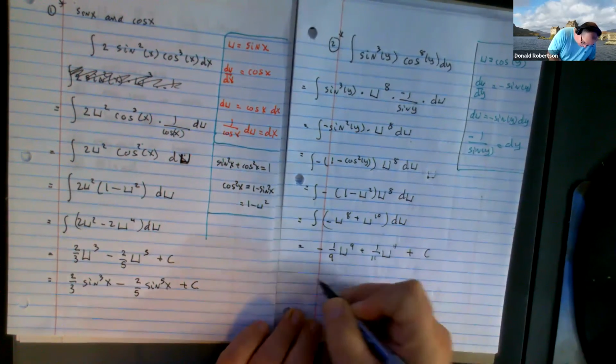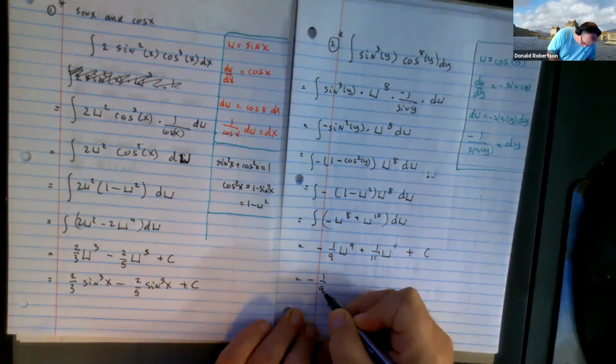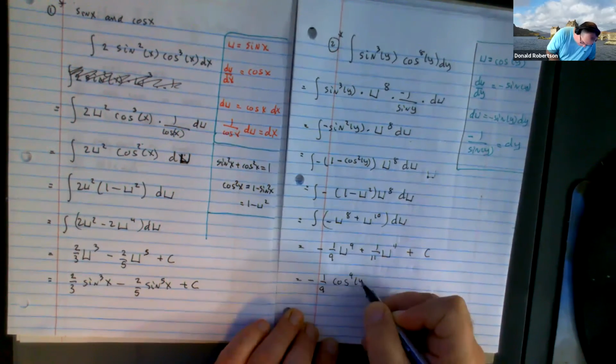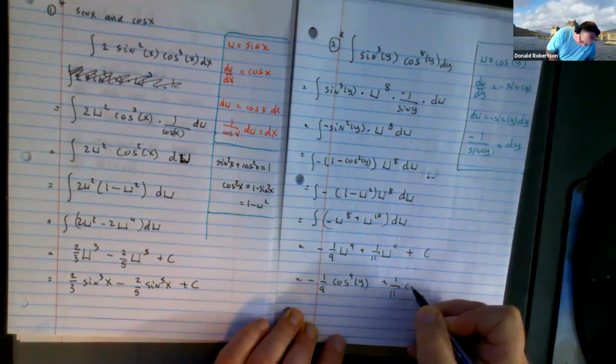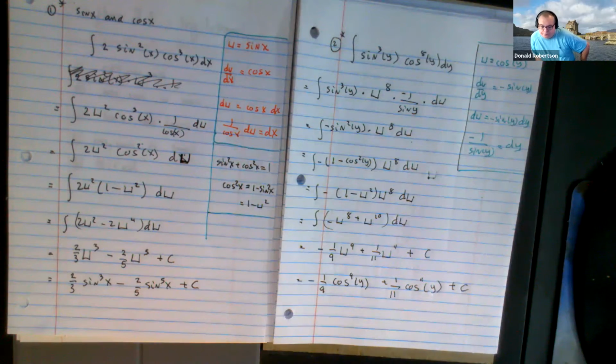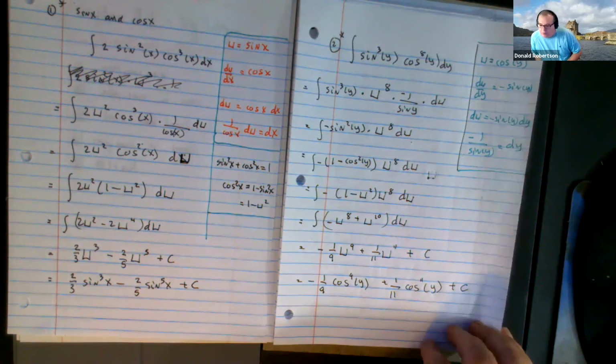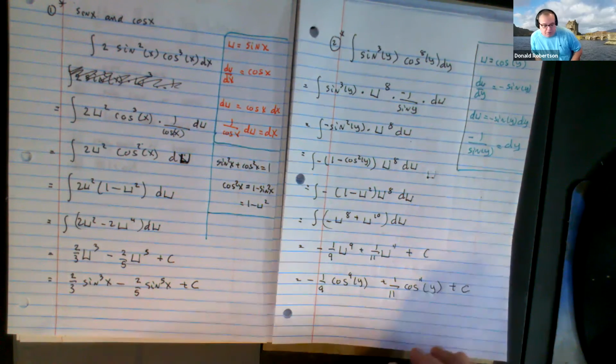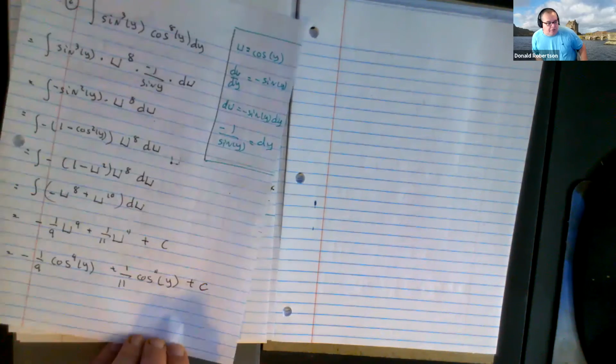And then I'll return back to the x's, or in this case, the y's. Right, so right now we're just working on combinations of powers of sines and cosines, where they're different. In this case, one's odd and one's even. Okay, so that's the second example of this situation done.